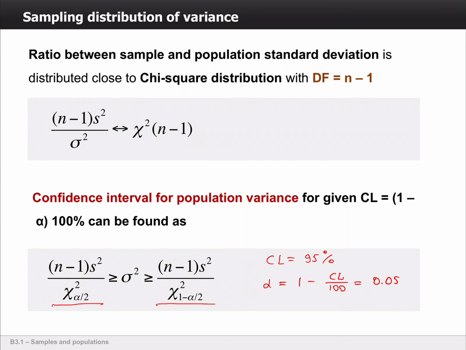It's 5% of values you have on the tails, right? And then you have left tail and right tail. So the left tail is alpha over 2, 0.025. And the right tail is 1 minus alpha over 2. So for 95% confidence, it will be 0.975. Okay, so these are the meanings of these alpha values. You just calculate the chi-squared for a particular probability.